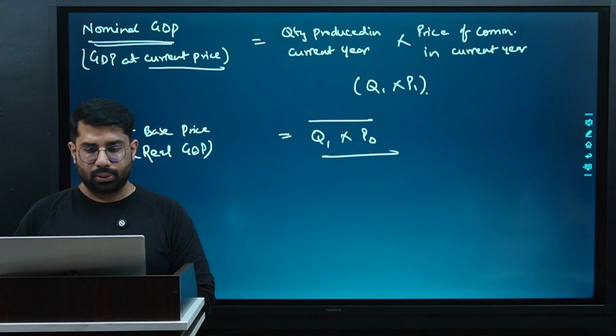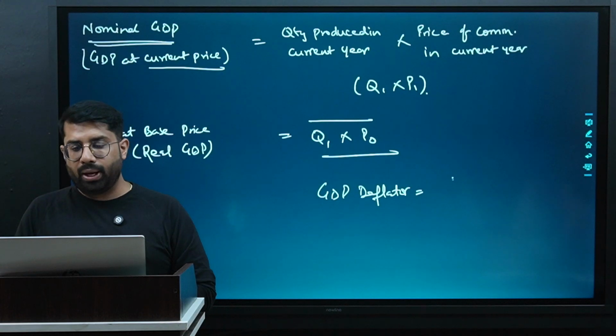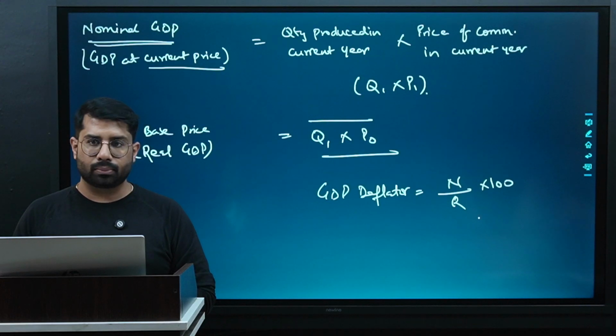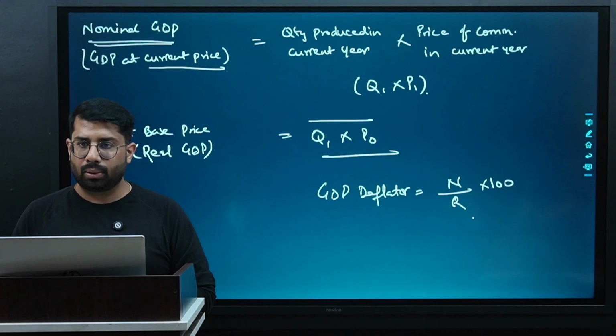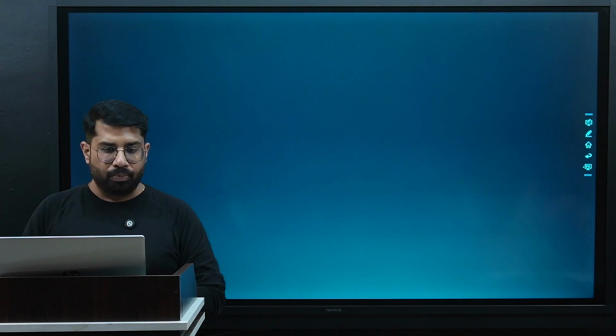Are you clear? How will you calculate GDP deflator? Formula will be nominal divided by real into 100. Are we clear? Yes or no? Nominal divided by real into 100.